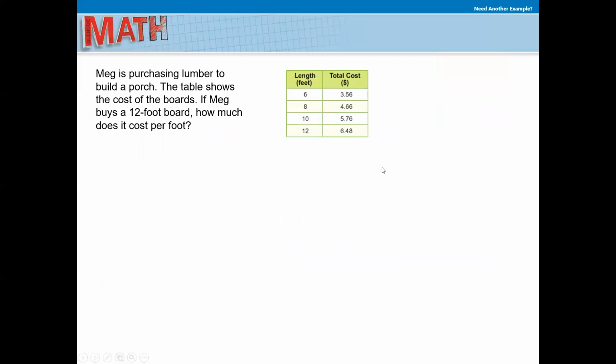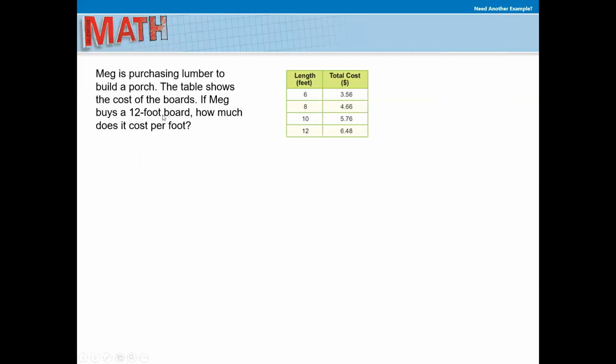Meg is purchasing lumber to build a porch. The table shows the cost of the boards. If Meg buys a 12-foot board, how much does it cost per foot? So a 6-foot board is $3.56. An 8-foot board is $4.66.